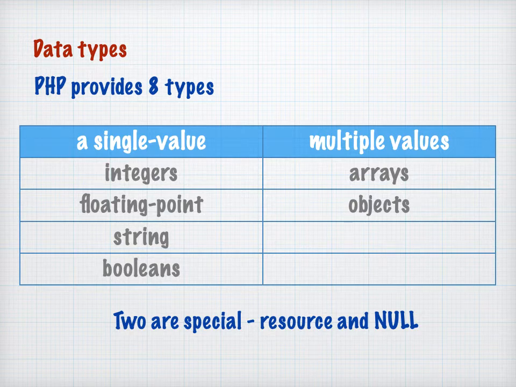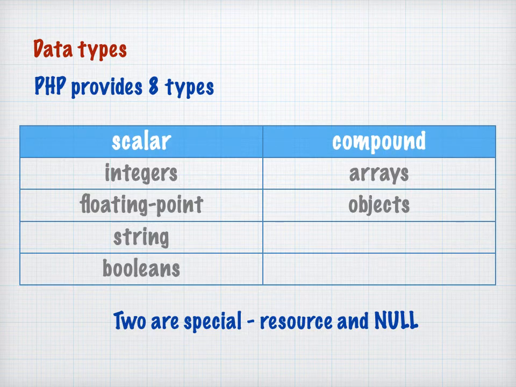So when we create a box, it's just going to hold a single value. You also get special data structures which enable you to store multiple values, and those are arrays and objects, but we'll talk about those much later on. Often single value data types are called scalar, and those which can store multiple values are called compound. But again, don't worry about that at the moment. We'll come on to that later in the course.